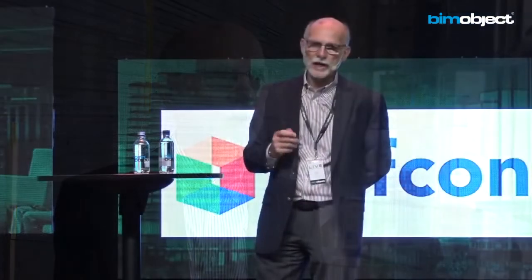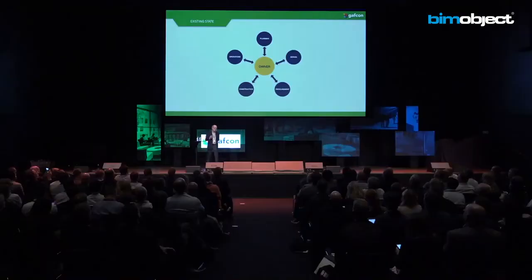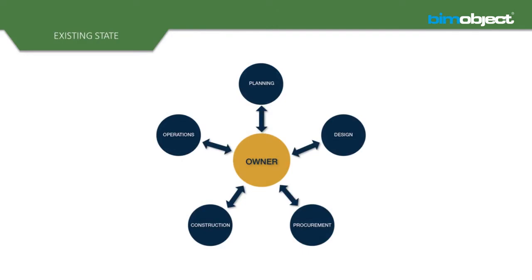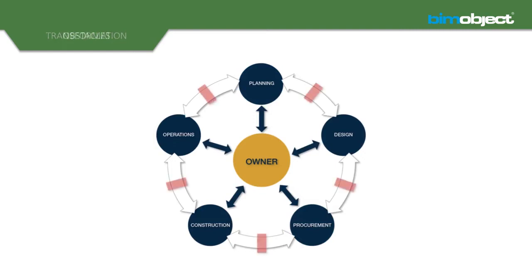So data standards are absolutely critical. Every system normally produces data in its own form. To have that data resident in bimobject but able to be shared by all participants through their applications in a collaborative manner allows us to reduce the cost of transposing that data, converting it into a different form.